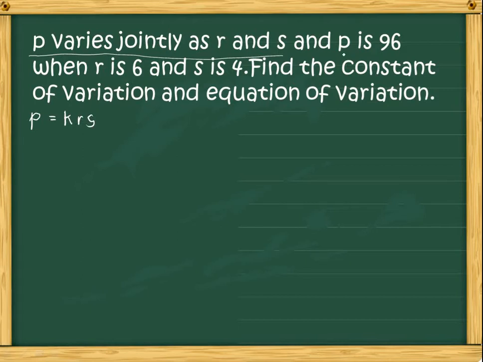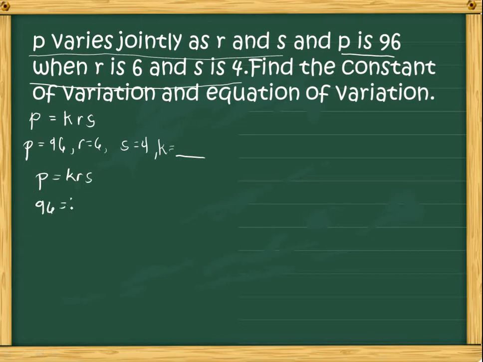Now, let's use the second statement. Second statement, P is equal to 96 when R is equal to 6 and S is equal to 4. Yung second statement, we use that to find the constant of variation. So, how to get the constant of variation? Let's use the equation. P is equal to K R S. Then, substitute natin yung value ni P, which is 96, equals K times the value of R, which is 6, times the value of S, which is 4.